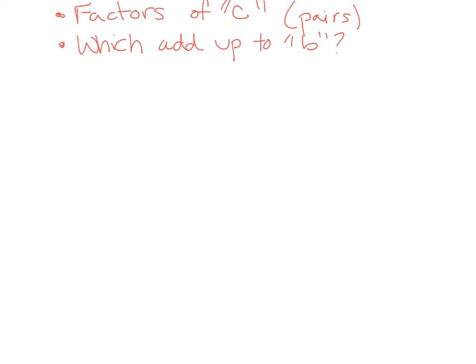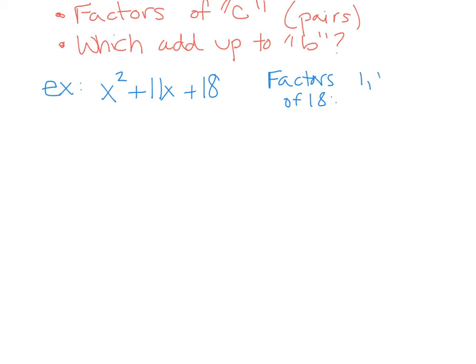What do we mean by this? Let's look at an example: x squared plus 11x plus 18. Let's look at factors of 18. 1 times 18, 2 times 9, 3 times 6.